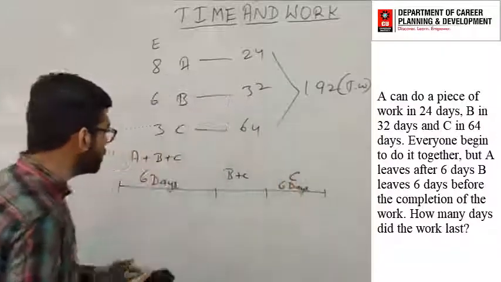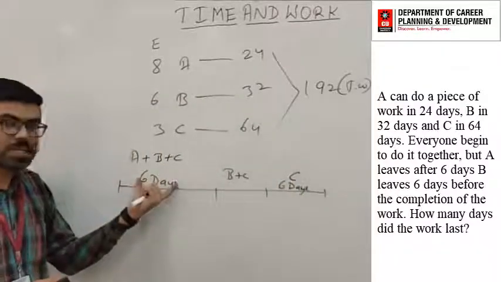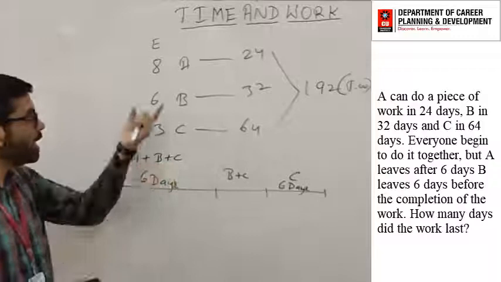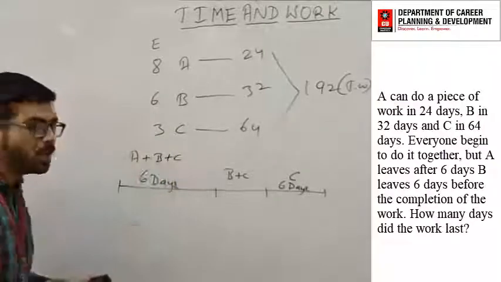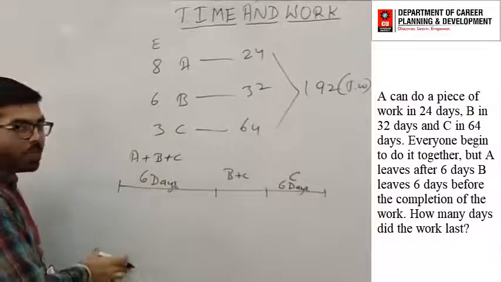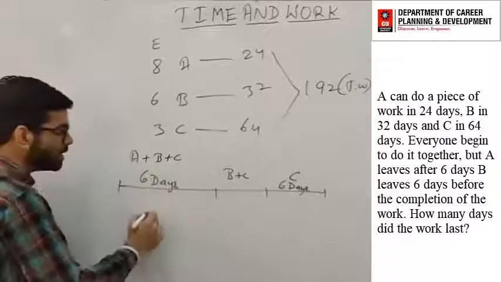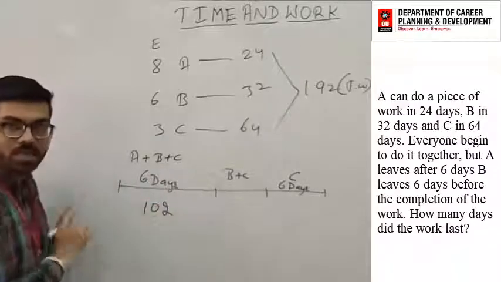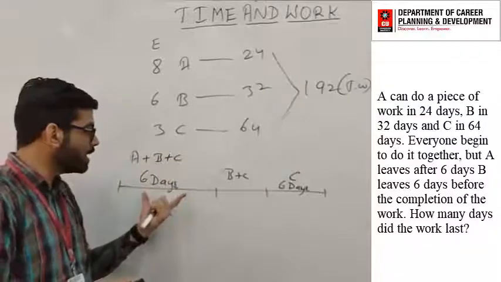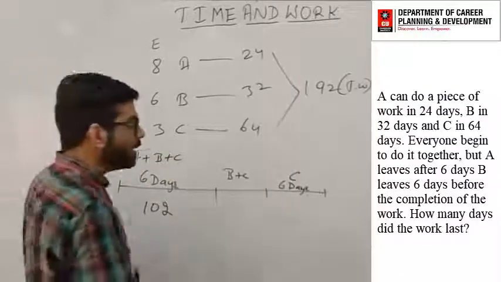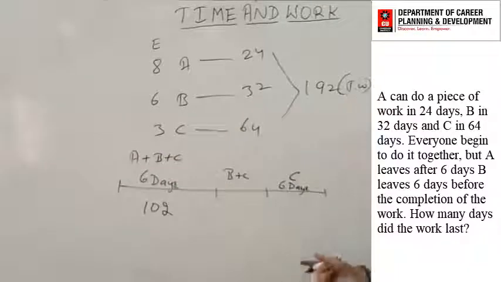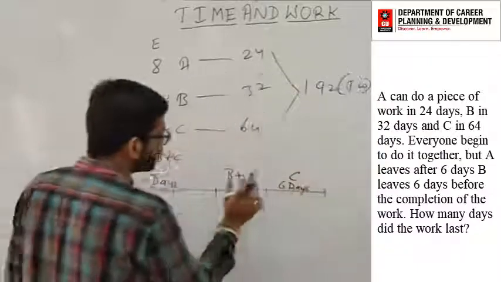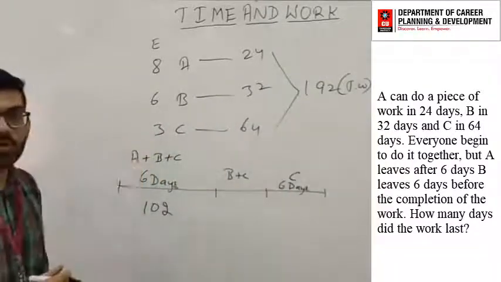So as per the conditions, A plus B plus C have worked for 6 days, and their combined efficiency comes out to be 17. So in these 6 days, how much work is completed? 17 multiplied by 6, so 102 units of work is completed by A plus B plus C in the first 6 days. In the last 6 days only C has worked, with an efficiency of 3.